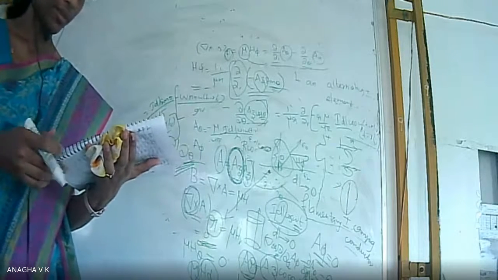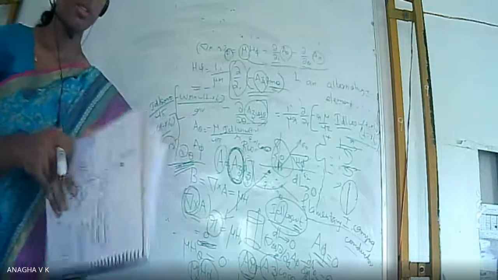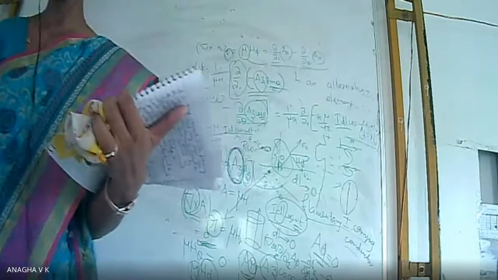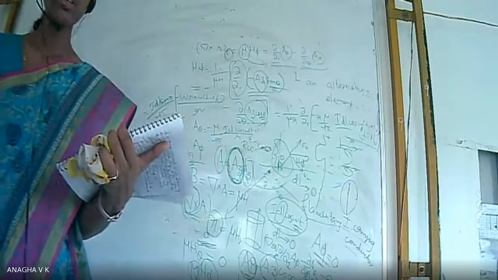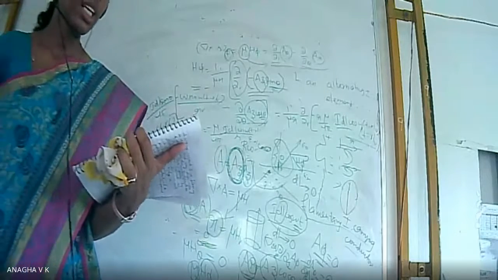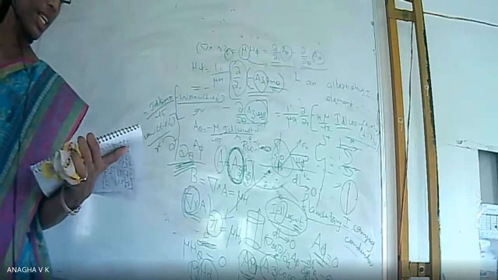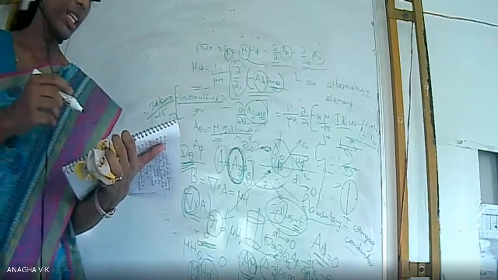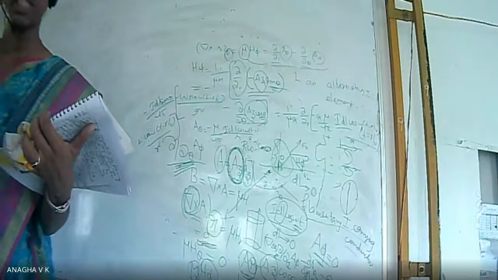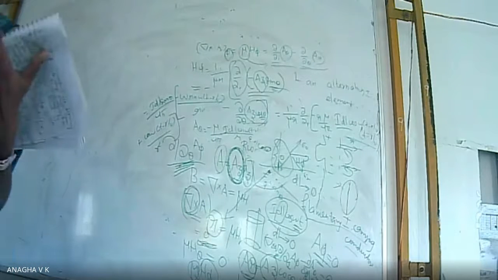So this is the far field. We already learned retarded potential. Next, the electric field components I will take in the next class.